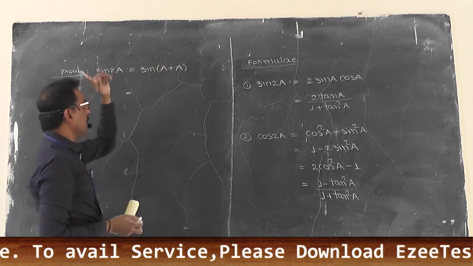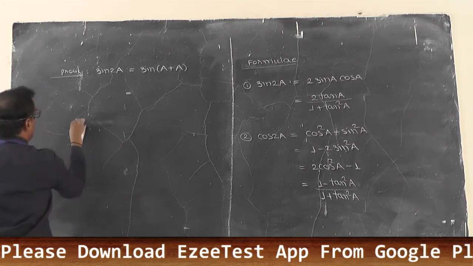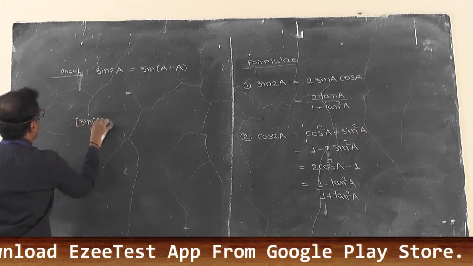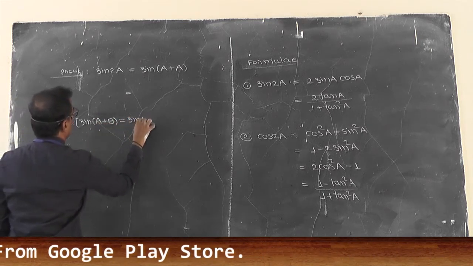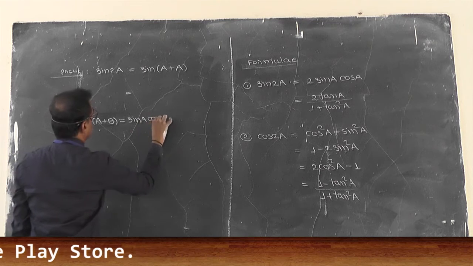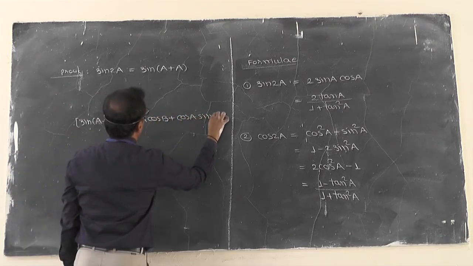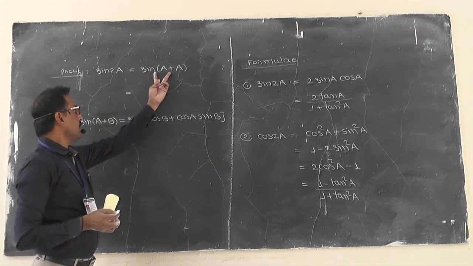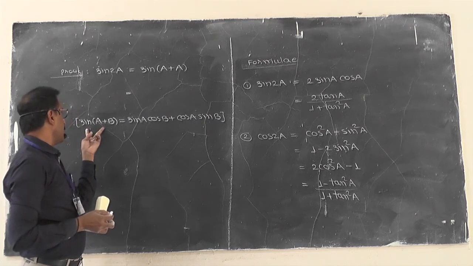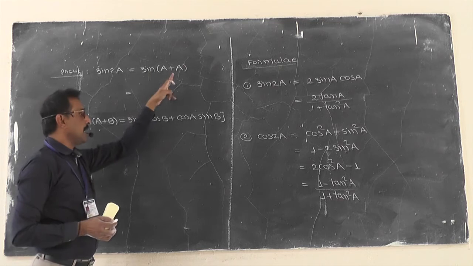Now take that addition formula. What is the formula for sin of a plus b? In the previous lecture we discussed that it is sin a cos b plus cos a into sin b. Using this formula for sin of a plus a, a is written as a and b is also written as a.